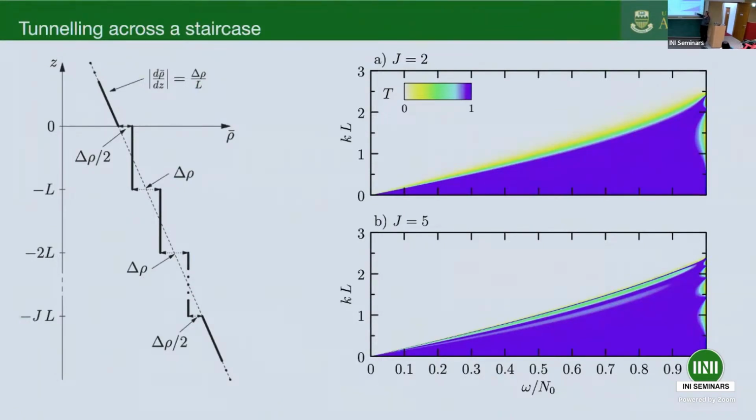Okay, same as before, I have KL on the vertical axis, omega over N naught on the bottom. You'll notice that when I have 2 steps, I now have 2 spikes hitting the axis, and here I have 5 spikes hitting the axis. Every time I increase the number of steps, I increase the number of resonance peaks that I get.